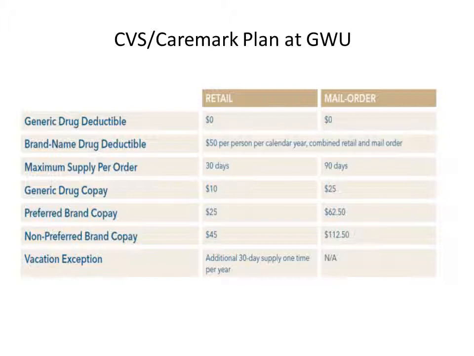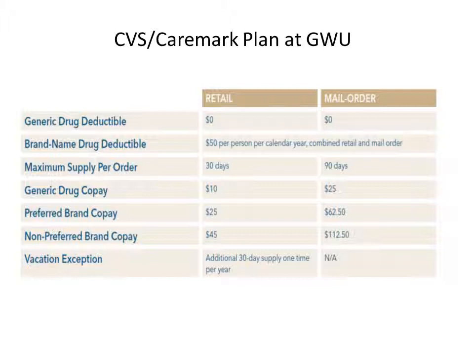Of course, mail order really is only good for certain types of people. It works best for people with chronic illnesses, not people who are really healthy and fluctuate in terms of what drugs they might need. Mail order is best because you can get a 90-day supply and you can keep it for a long time.